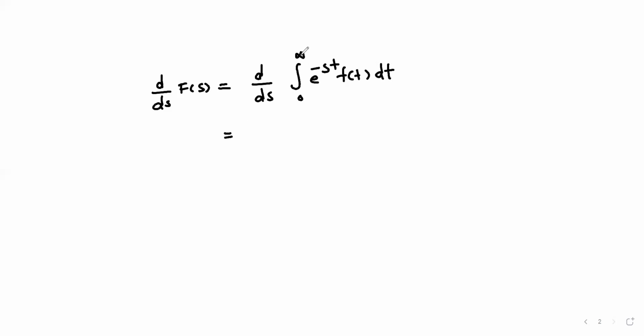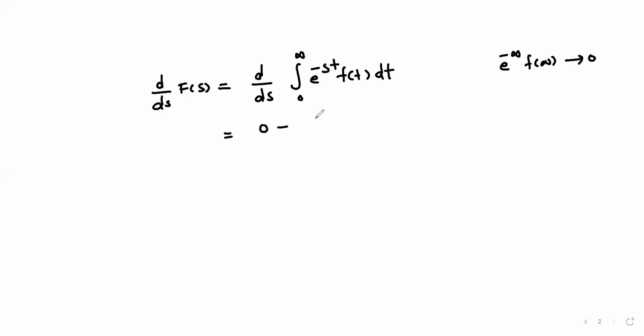When we apply the upper limit here, we get e raised to power minus infinity times f of infinity, which approaches 0, and the upper limit is infinity, so its derivative is also 0.